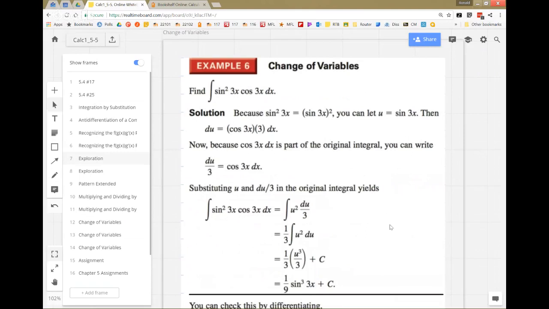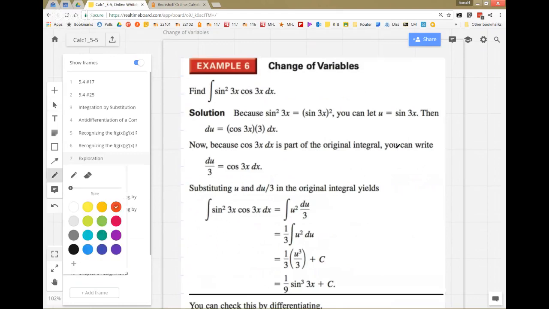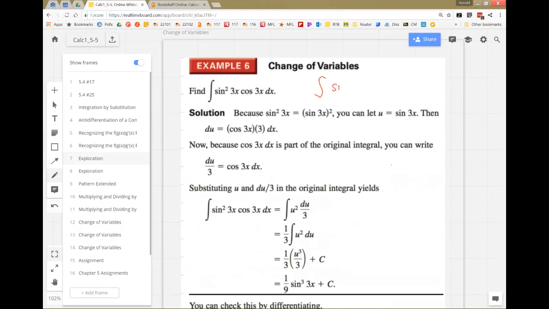Now, we have this little algebra issue. The integral is the sine squared of 3x times the cosine of 3x with respect to x. So this really means, isn't that what sine squared of something means?